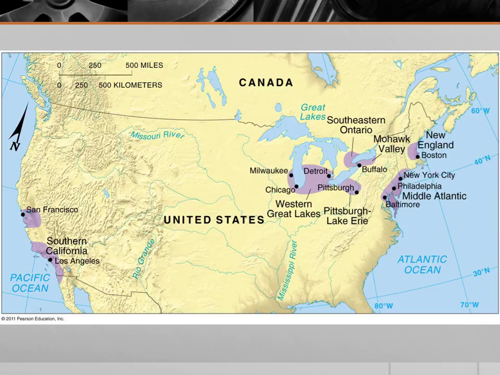But now we see that the Western Great Lakes are where a lot of the steel production is taking place now. And in addition to that, we also see automobile production, but even automobile production, like in Detroit, has shifted southward. And that's not the same industrial center of automobiles that it used to be.